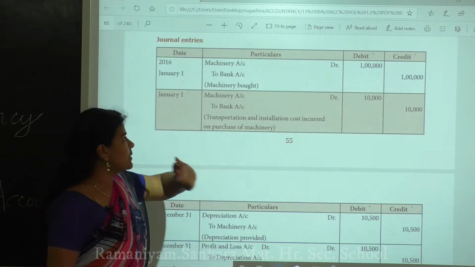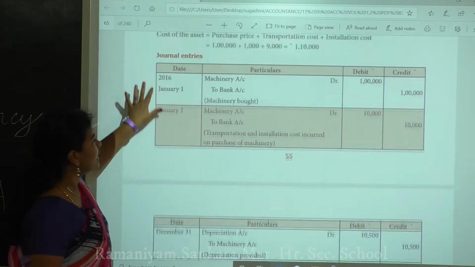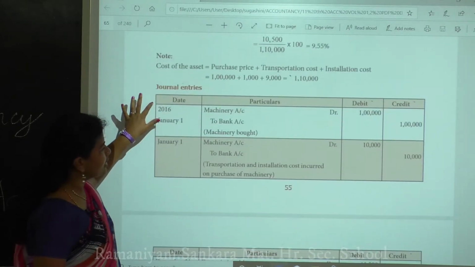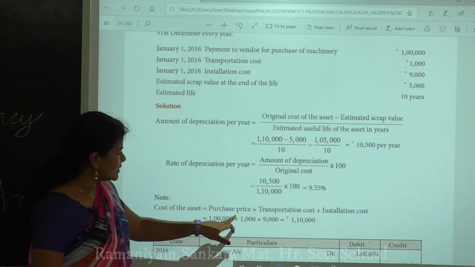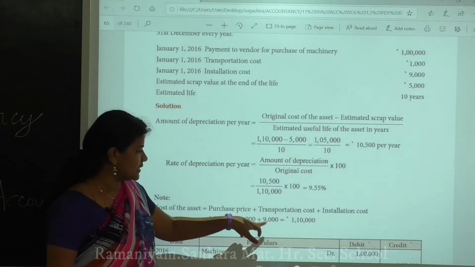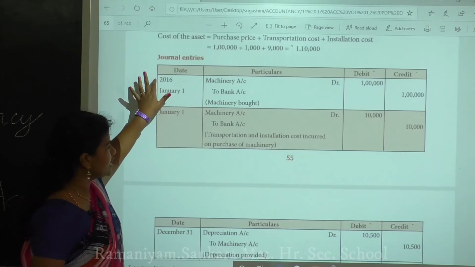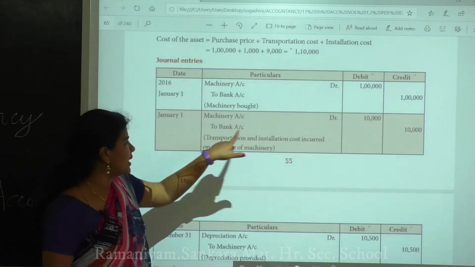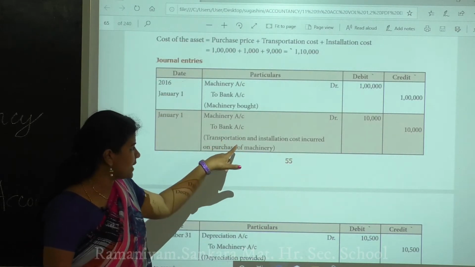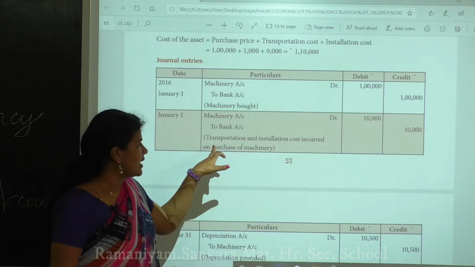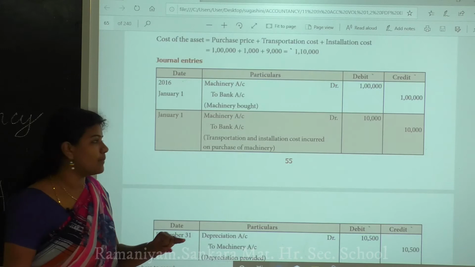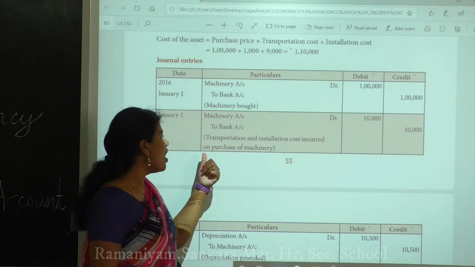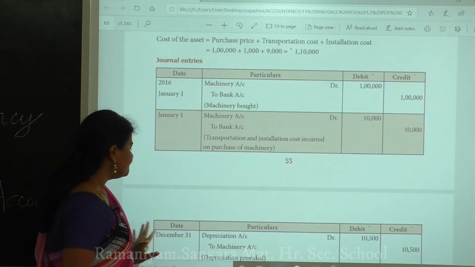Then 10,000, because totally for this amount, 1,000 plus 9,000 is 10,000. That 10,000 you have to write here. Machinery account debit to bank account credit, and mention transportation and installation. The transportation amount and installation charge amount are both included in the cost of purchase of machinery.